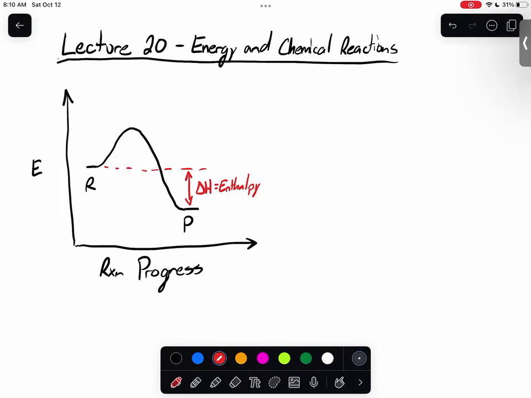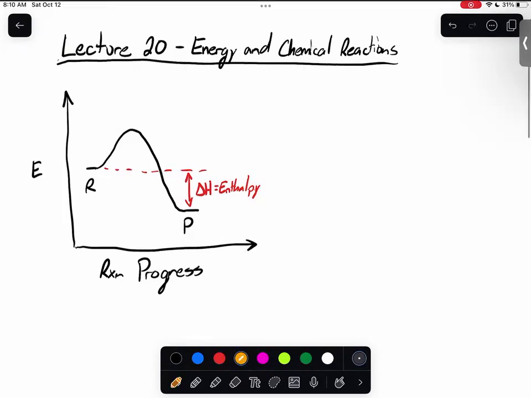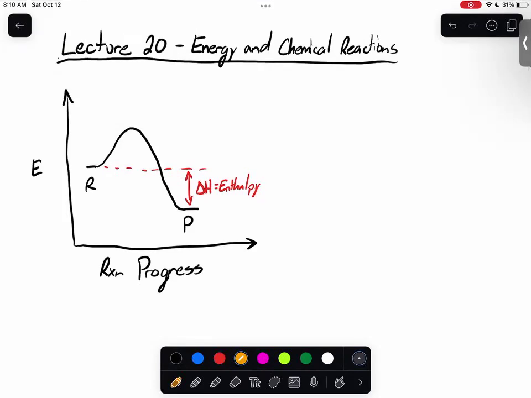For example, from that dotted line that we drew to the reactants, the difference between the top of the peak and that line is EA, also known as activation energy. All right. And activation energy is very important because it essentially relates to something we call kinetics. All right. The last little thing is right here at the top of the peak.